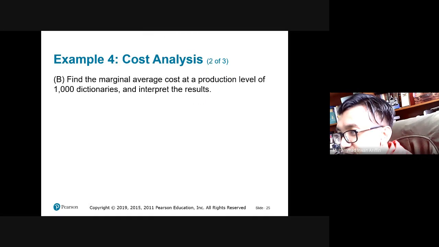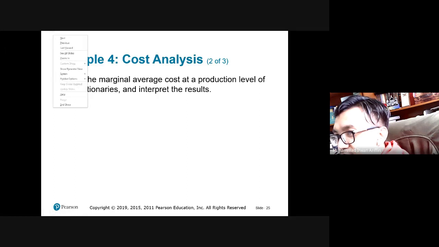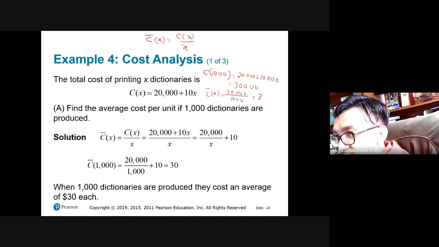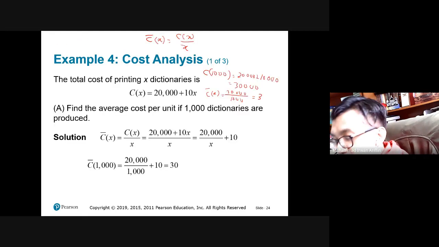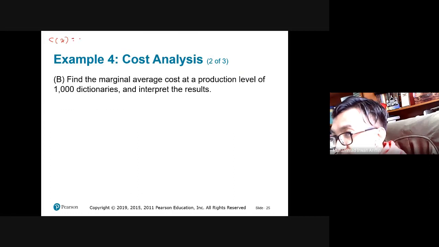No worry. So originally we are given, so our C of X was given as 20,000 plus 10x.